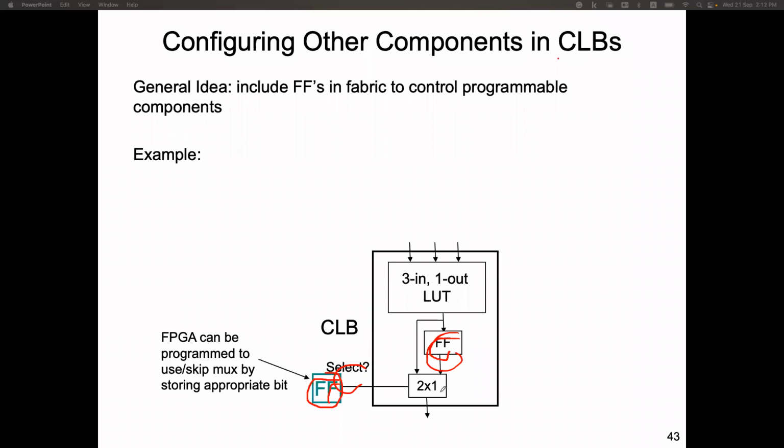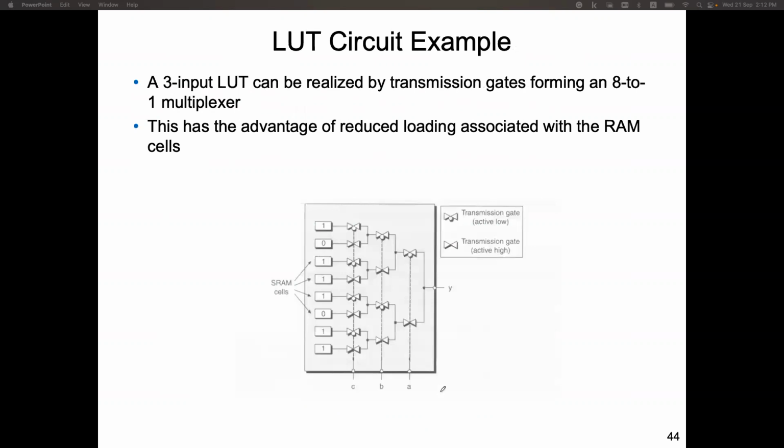Okay, we talked about the use of multiplexers to select paths, and the multiplexer in actual hardware can be like this. Let's take a 3-input lookup table. This symbol is called a transmission gate. You know what the transmission gate is, right?